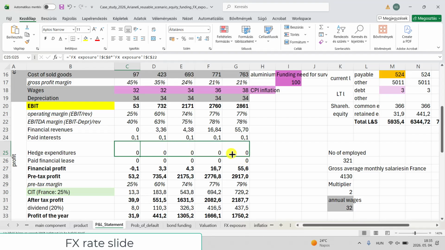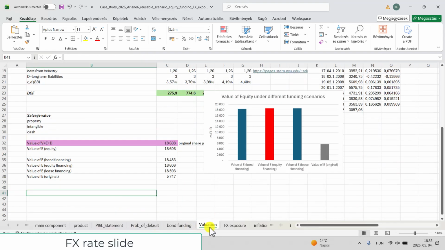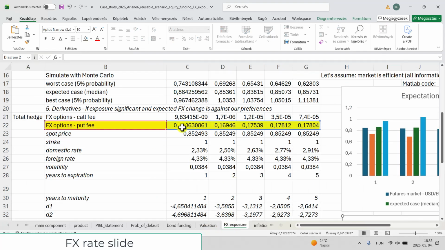So okay, obviously nothing happens, just here you should. C22. Put option fee.